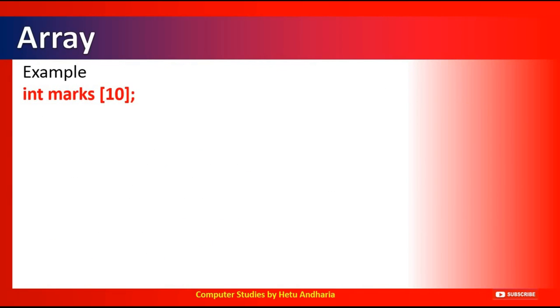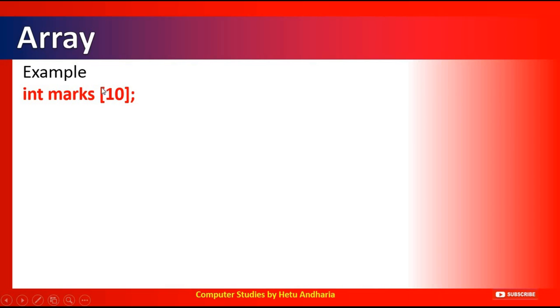See, I want to store the marks of 10 students. Then very simple, I use the array method. What will I do? Marks are of integer data type, so I will declare a variable of which data type? Integer. So I will type here int. Then what will I do? I will type here the name of the variable, marks.